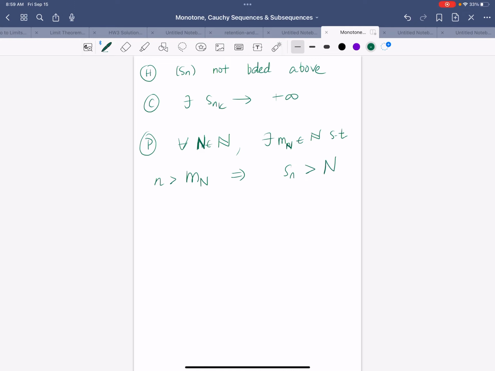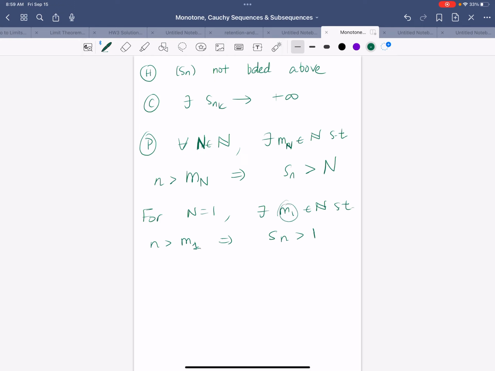So in particular, for n equals 1, there exists an m1 such that n bigger than m1 implies Sn is bigger than 1.